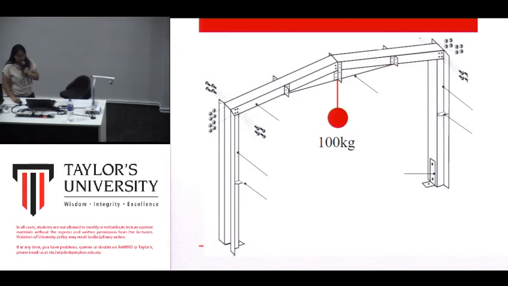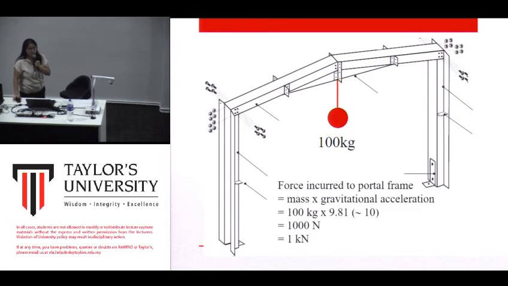Alright, so next. So just a simple structure. Let's say I have this structure. It's subject to 100 kilograms. How do we convert it into Newton? Do not apply 100 kilo onto a building. Apply the force resulted. So to convert 100 kgs into force, I hope you know this.